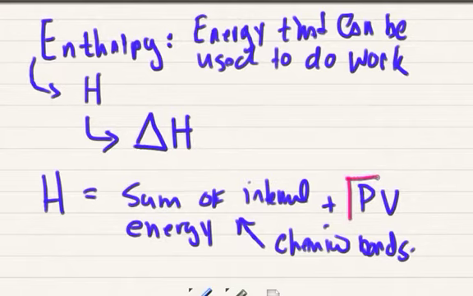Most of the chemical reactions that we'll be looking at, we will assume that the pressure and the volume of the system are held constant, that they're not going to change. Now, we know that this can change in real life, but to get a better feel for this, we can kind of ignore this at this point.